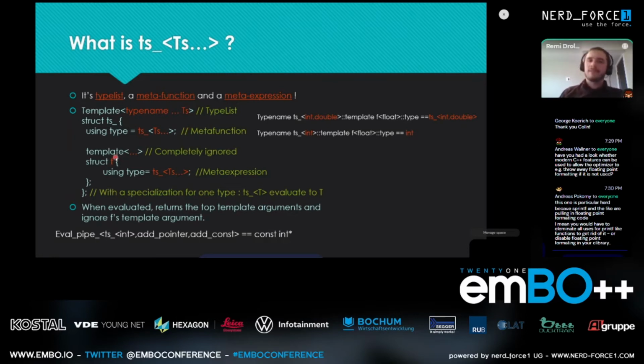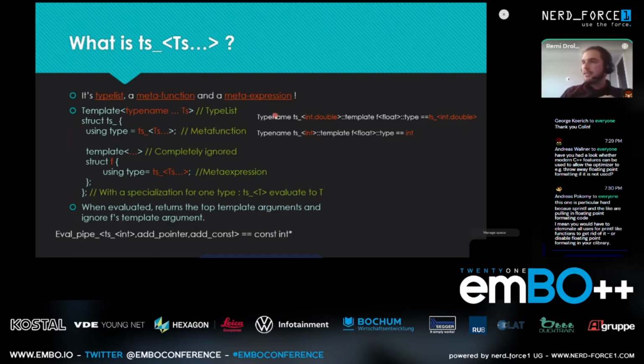And here, this is where it gets interesting. It's templated on dot dot dot, so it's completely ignored, and the struct f has a type that is TS of the original types that are there. So basically, once I evaluate it, it ignores what it receives to continue with the original template.